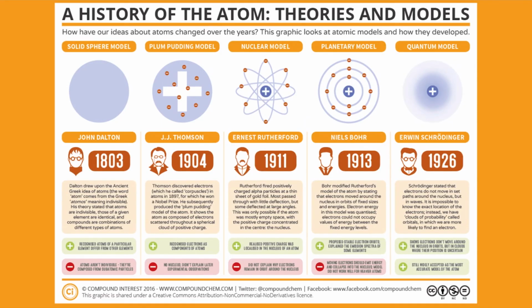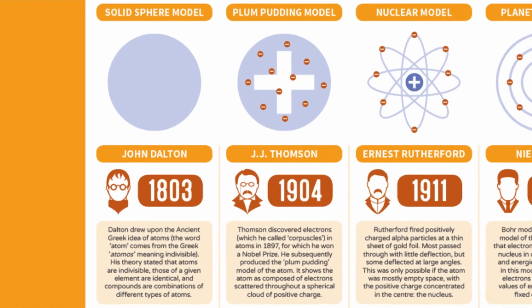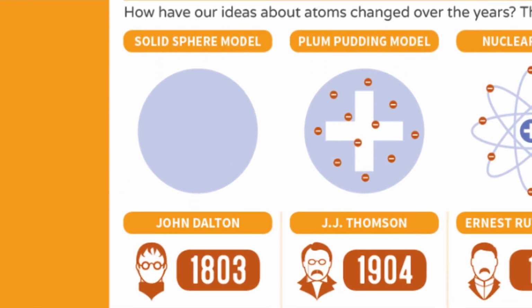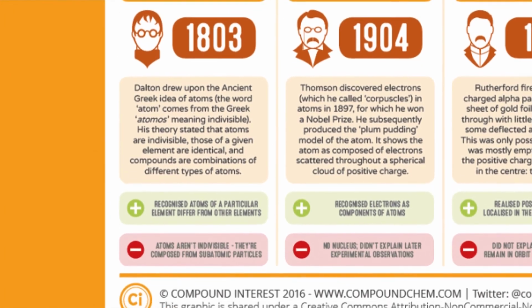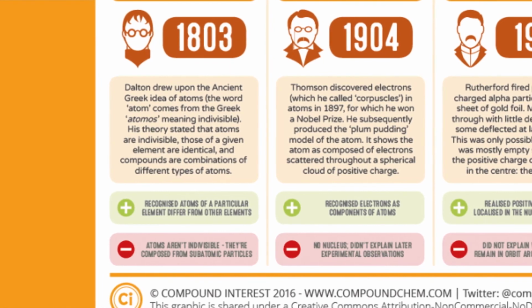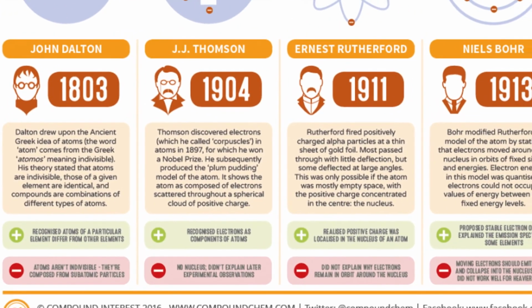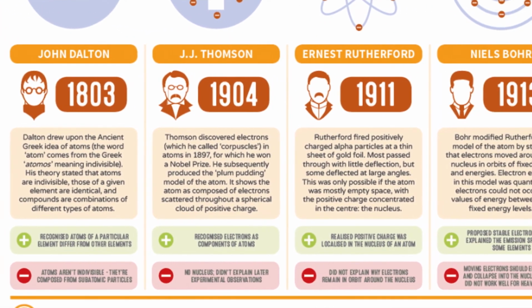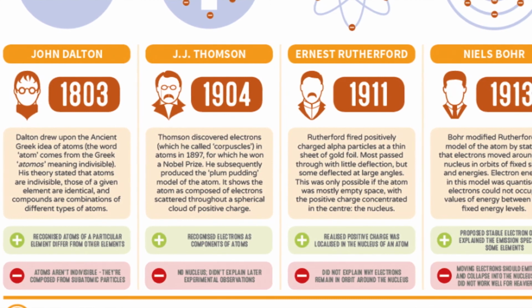Okay, so this kind of sums everything up. If we look at John Dalton, he said one of his positives was that atoms were different from other elements, but he didn't talk about the subatomic particles. Move over to J.J. Thompson. J.J. Thompson realized electrons exist, but he didn't explain the nucleus aspect of the atom.